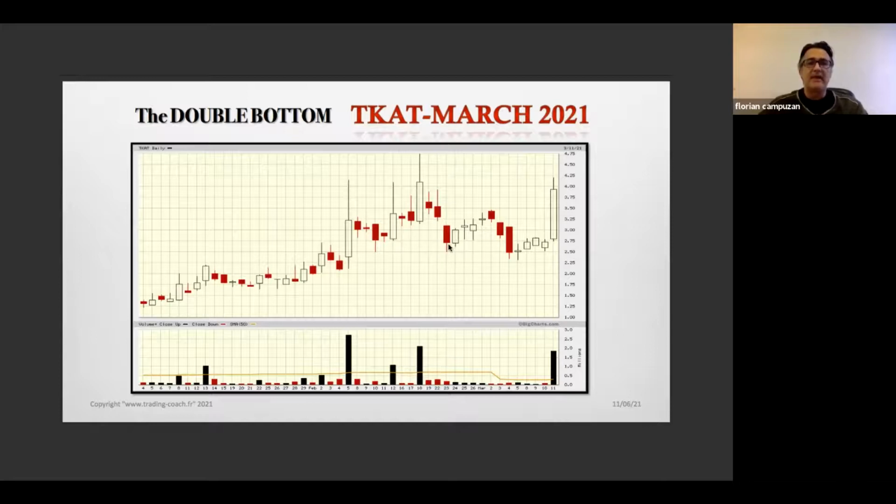The double bottom is good when there is this kind of pattern. Here you have a first low and the second low. Here the weak hands who put the stop here are stopped out. And when they are stopped out, there are many people, even if you don't see it in the volume of this specific stock, who act the same, like the mob or mass psychology, and the weak hands disappear.